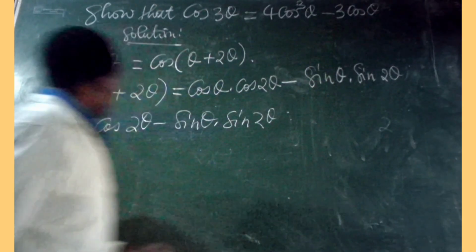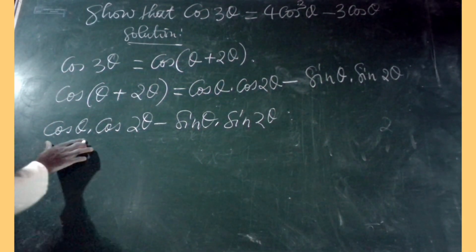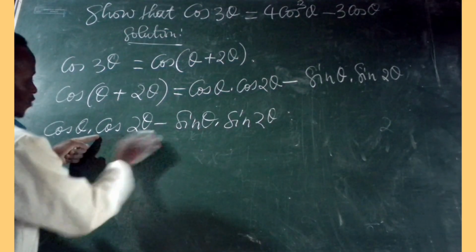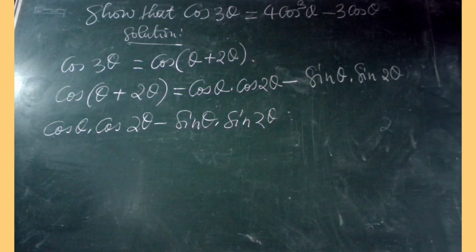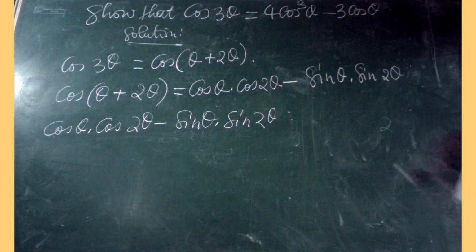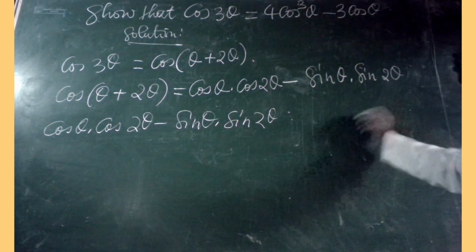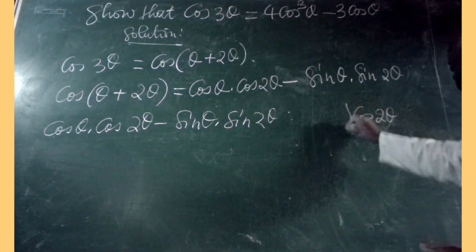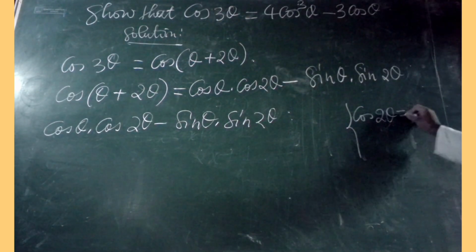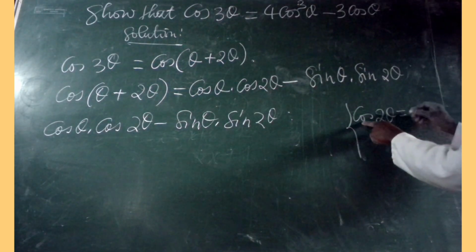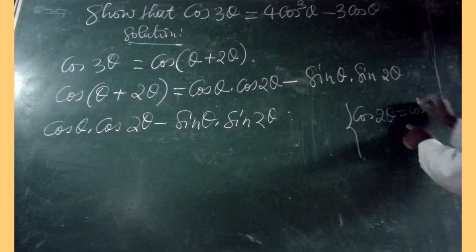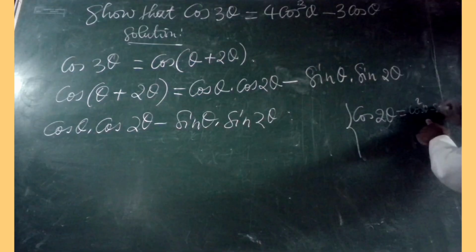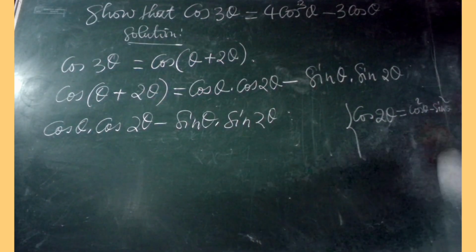When we reach here, remember this: when we have cosine of 2 theta, it should be equal to cosine square theta minus sine square theta.